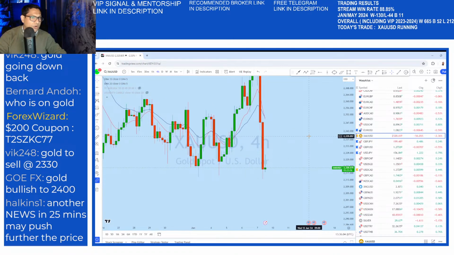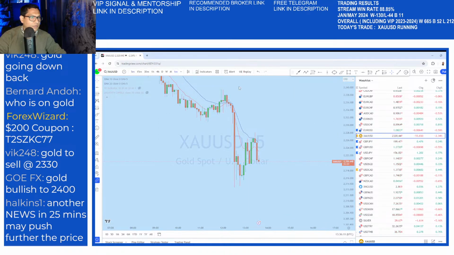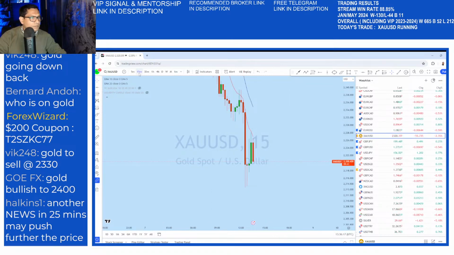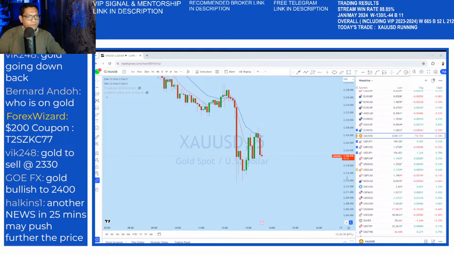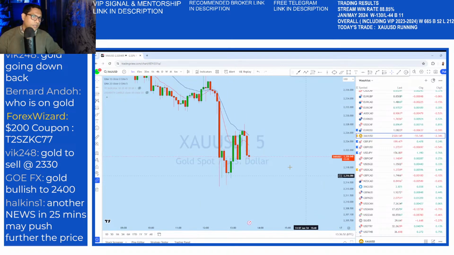So the bias still could remain downside because we have seen a failed attempt from the buyers. Here is a very critical level.